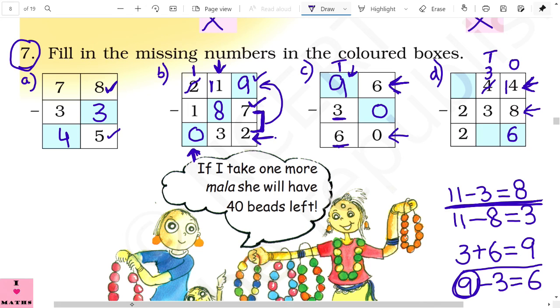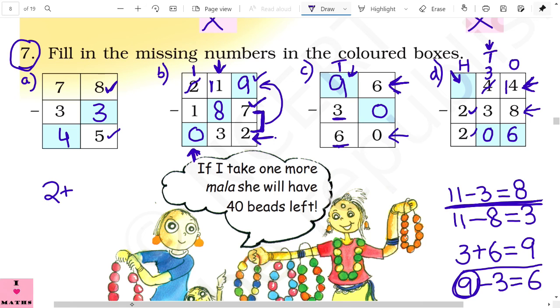Okay, now we will do the tens place subtraction. 3 minus 3 is 0. Now the hundreds place, there should be some digit here so that when we subtract 2 from this bigger digit, we get 2 as the answer.